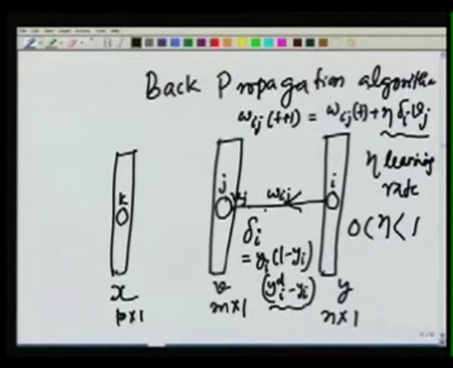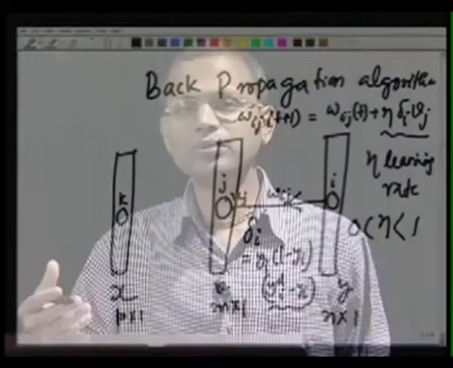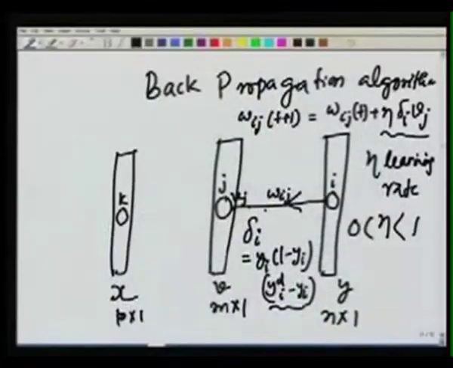This is called the delta rule, which has a very simple form: error back propagated times input. The same thing we will see here.